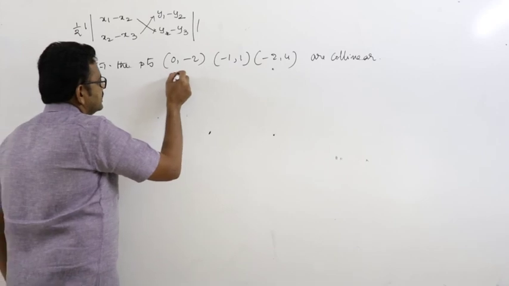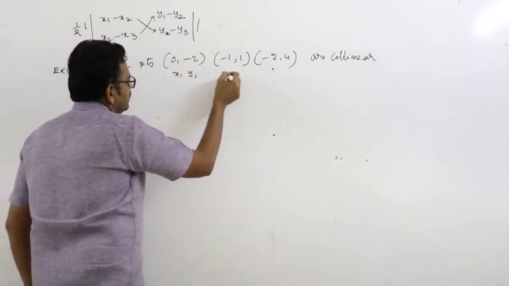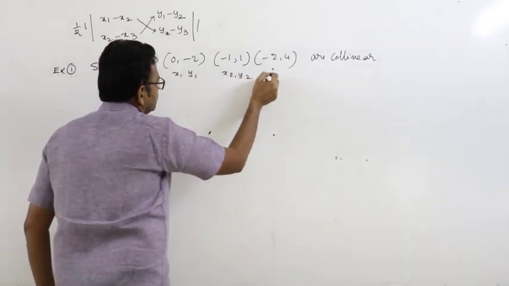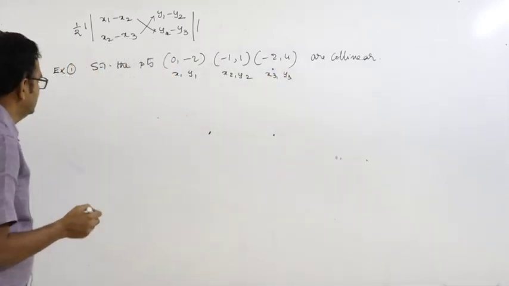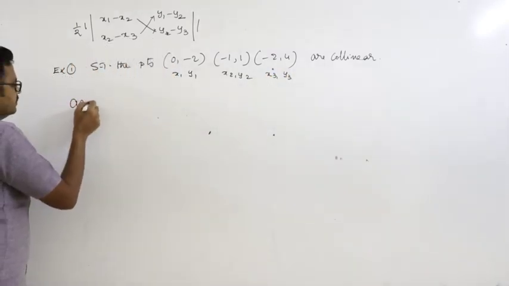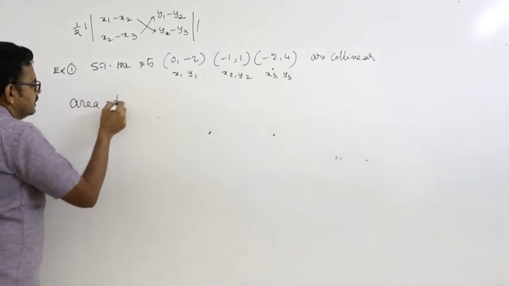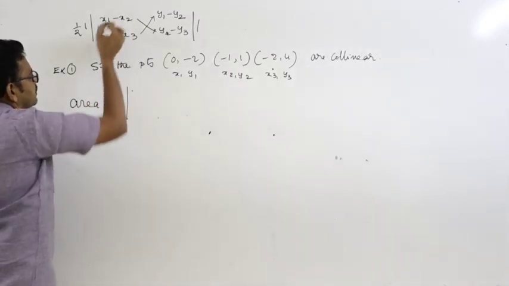Now this is x1, y1, x2, y2 and x3, y3. Area is equal to the determinant, by using the formula.